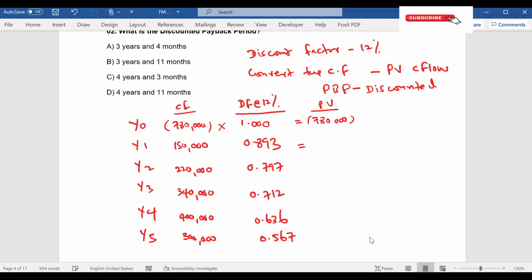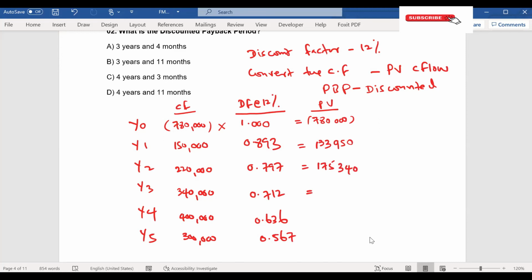Year 1 will be 150,000 times 0.893, that will be 133,950. Year 2 will be 220,000 times 0.797, that will be 175,340.